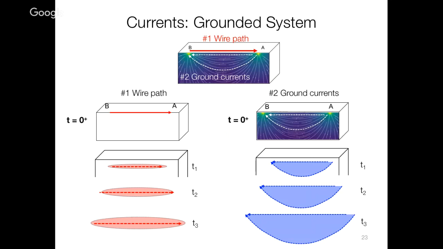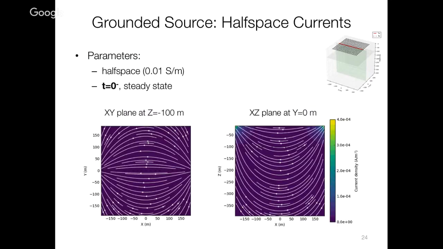It's important to think about what the wire is doing and what everything else is doing. So let's look at the currents in half space. We've got a positive current here, a negative current here, and currents going like this, just before turn off.